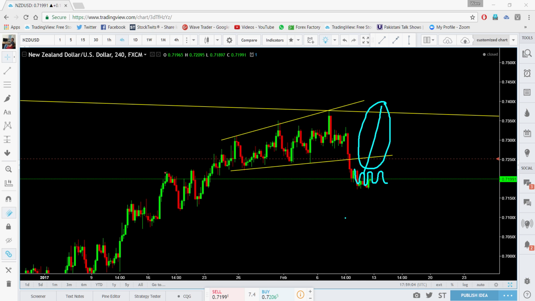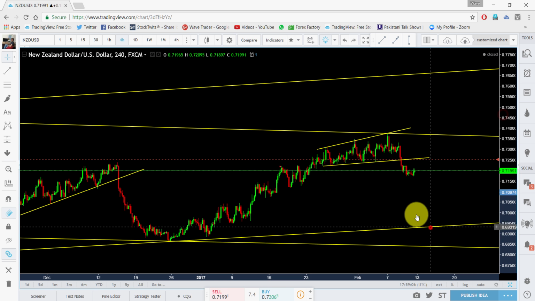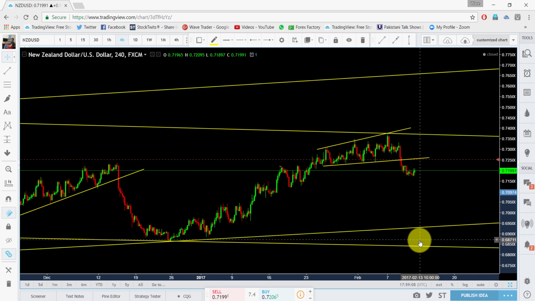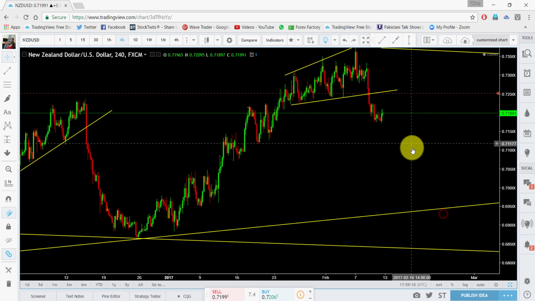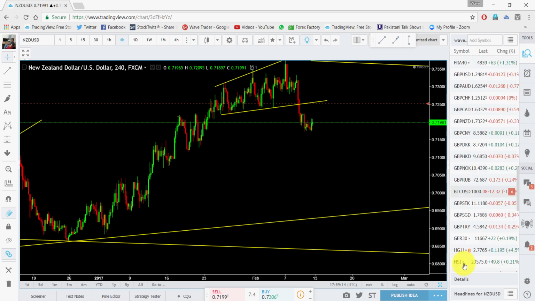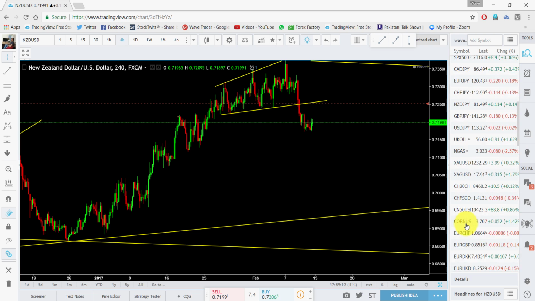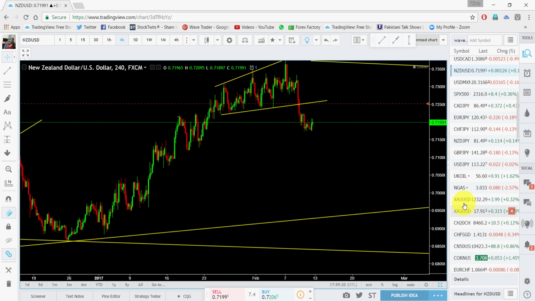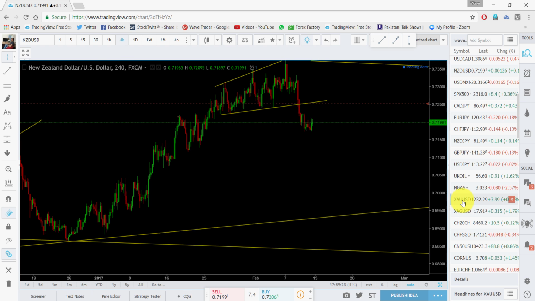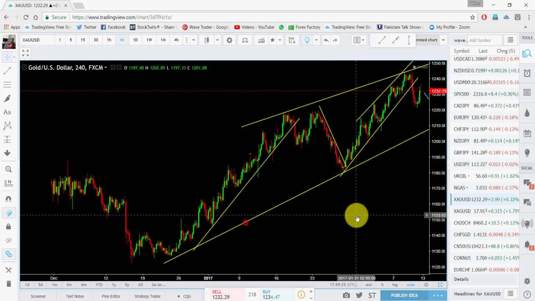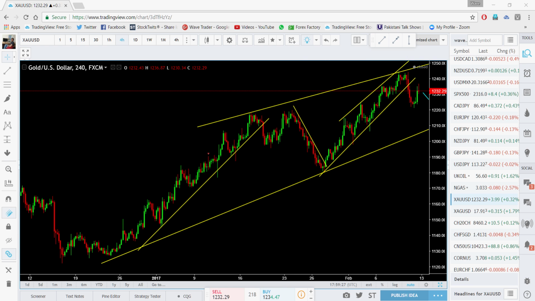Remember, we have seen this kind of price action on gold as well. We have seen an impulsive breakdown, and we were anticipating a continuation pattern over there. We did not get the continuation pattern here when price was at this place.